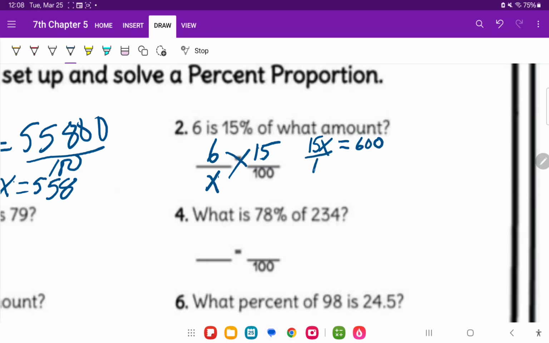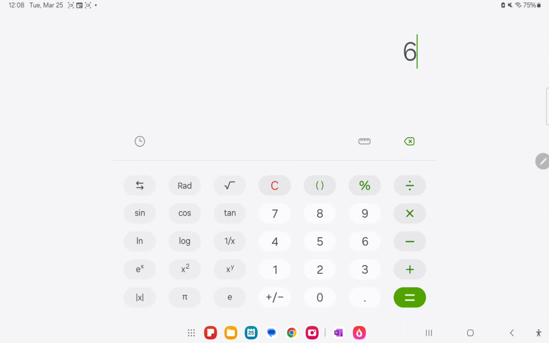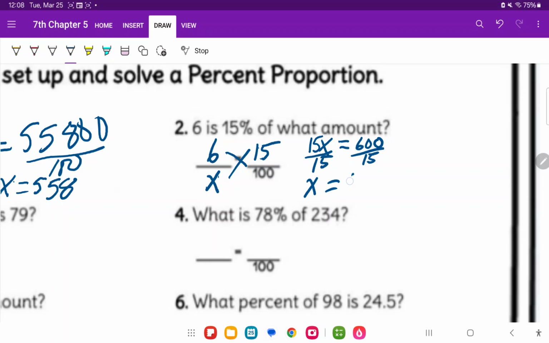So then we'll divide by 15. So x will equal 600 divided by 15. That is 40. So 6 is 15% of 40.